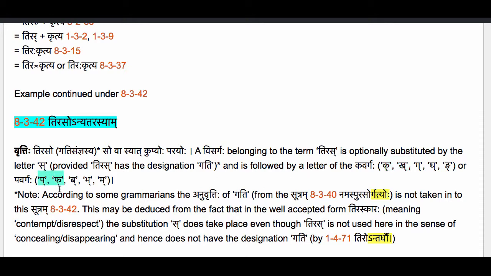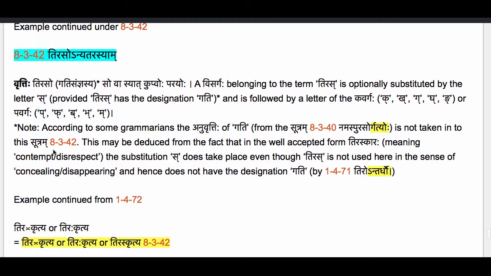And as we already explained when we were studying the Sutram 1472, according to some grammarians, the anuvritti of gati from the Sutram 8340 namaspurasor gatyoho is not taken into the Sutram 8342. This may be deduced from the fact that in the well-accepted form tiraskaraha, meaning contempt or disrespect, the substitution sa does take place, even though tiras is not used here in the sense of concealing or disappearing, and hence does not have the designation gati by 1471 tiro antardhau.